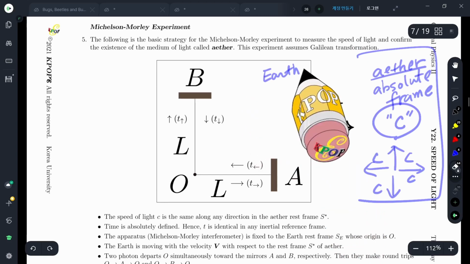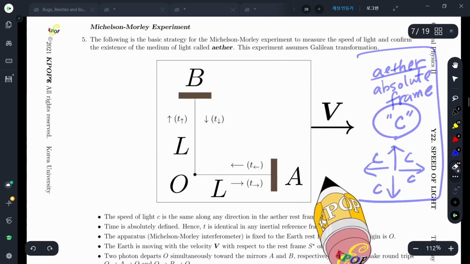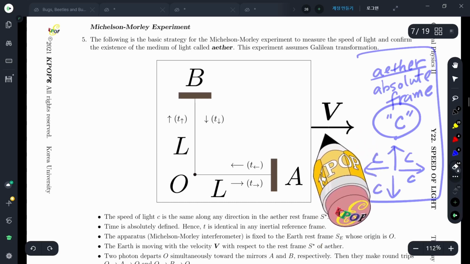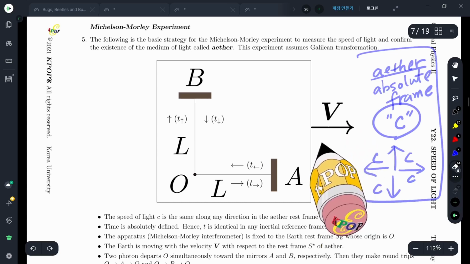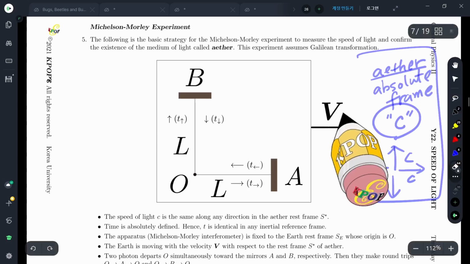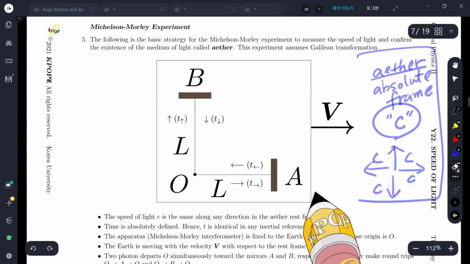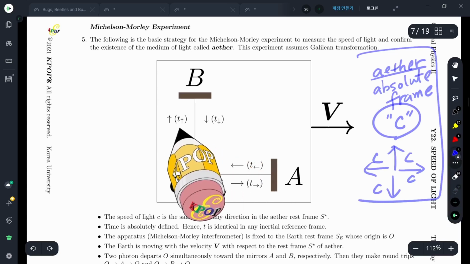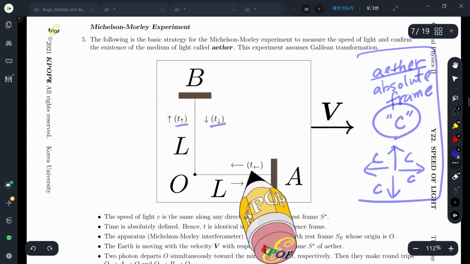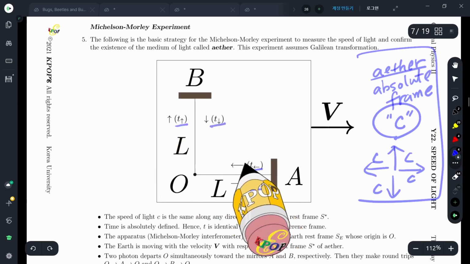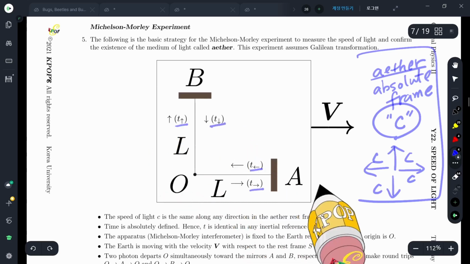Instead, we simplify our analysis to consider the case such that the relative velocity of the Earth to the ether rest frame is along the horizontal direction. And we define this fourth, left time, and we will sum these two and compare the time difference.